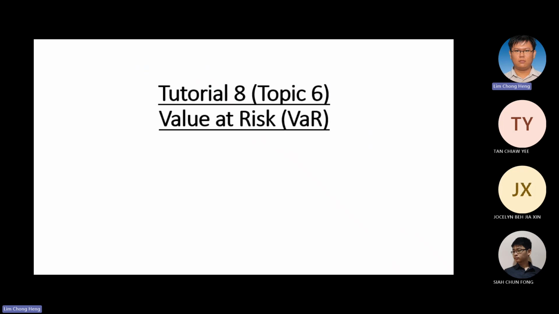Okay, class. This topic, VAR, is to measure the short-term risk. Short-term risk means to measure 1 day or a few days only.